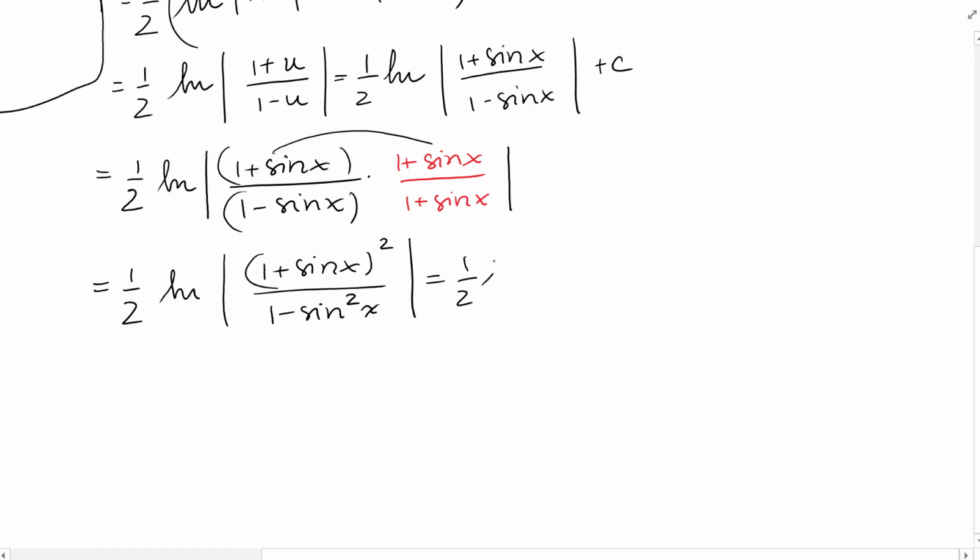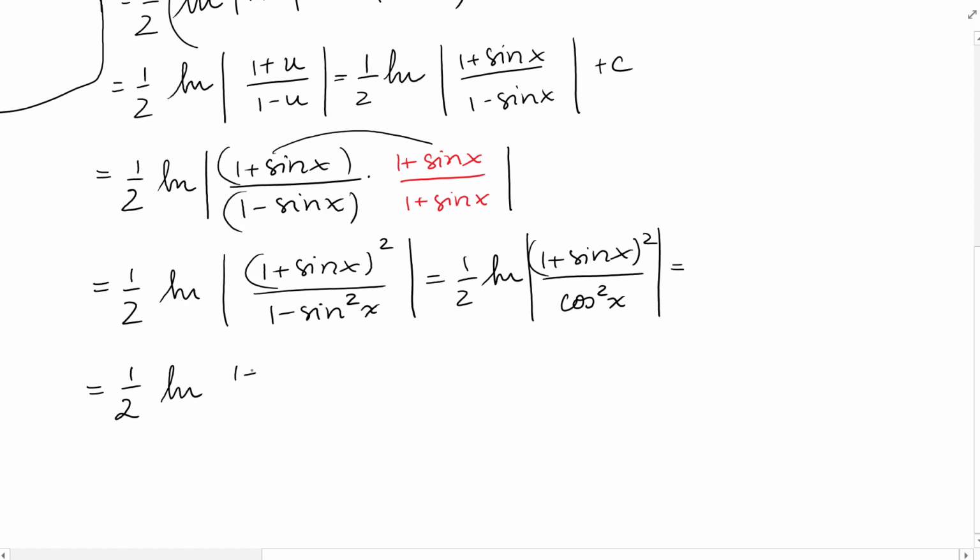So now, the numerator, I'm going to keep as 1 plus sine of x squared. And the denominator is cosine squared of x. We've used that formula before, and it's in absolute value. So we get ln of 1 plus sine of x over cosine of x, everything squared.